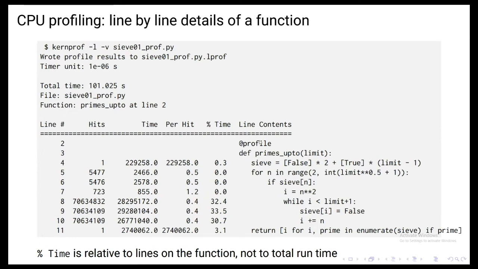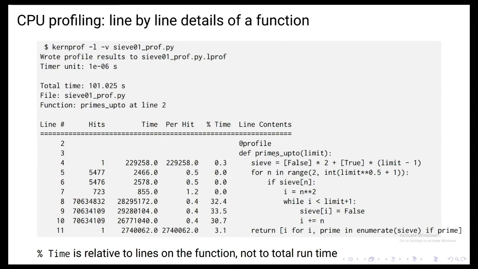So for the given function that you ask to be profiled with the line profiler, you get the detail of the lines of the function, giving similar information as we were getting before, but before it was for the full run of the code and only at the function level.